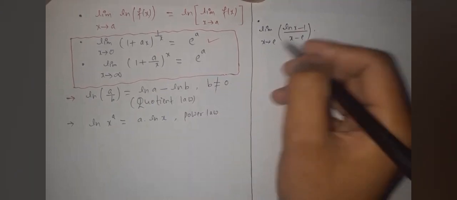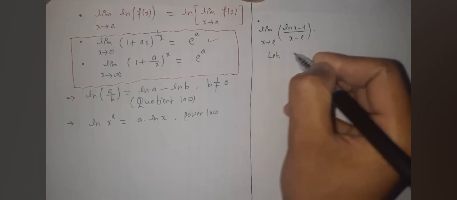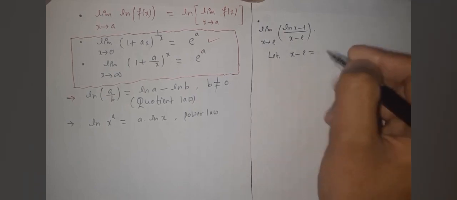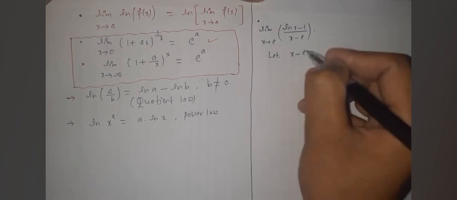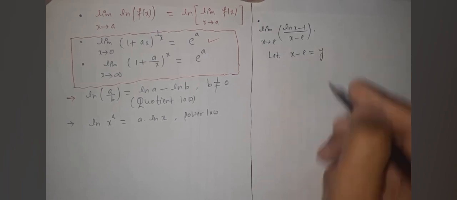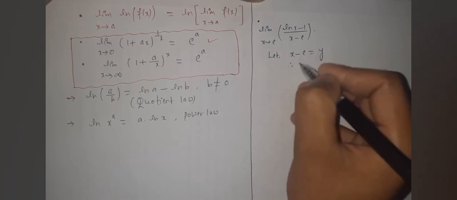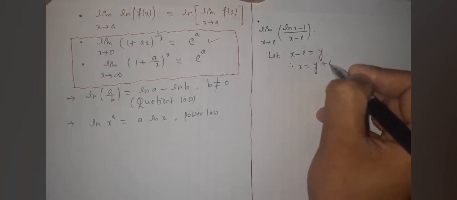First of all, let's suppose x minus e is a variable y. This is our supposition. Then at this situation, the value of x will be y plus e.